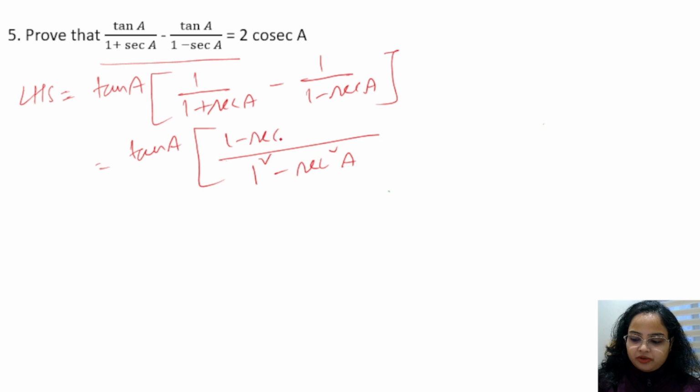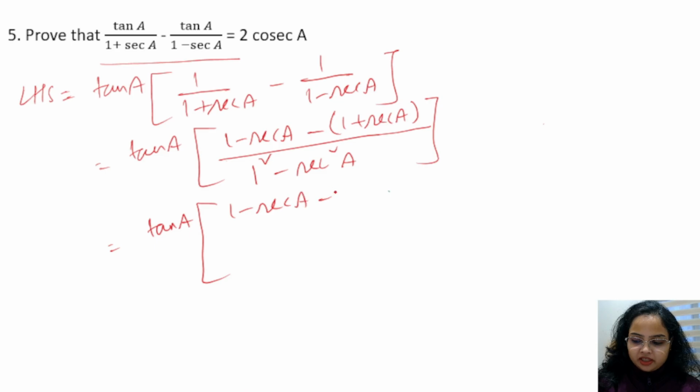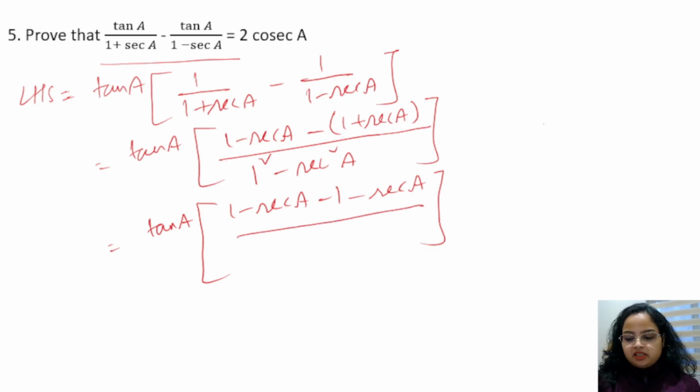So here we have 1 minus secant a minus of 1 plus secant a. So here we have tan a into 1 minus secant a minus 1 minus secant a divided by 1 minus secant square a.